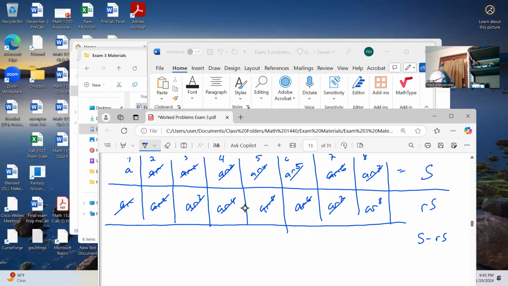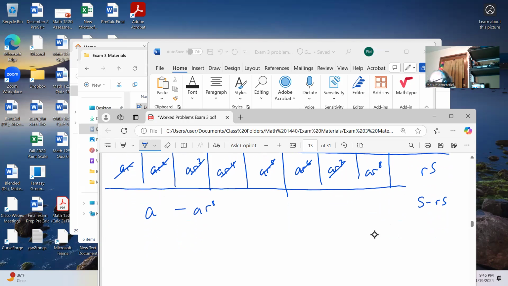We have s minus rs. So we're going to end up with a, that's the first one, minus ar to the eighth. That's what we have over here. Now we're going to take an s out. That's going to be 1 minus r. This is equal to, I'm going to factor this a out, and this is going to be 1 minus r to the eighth.